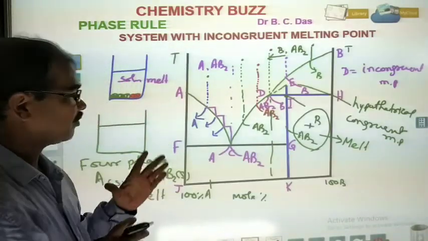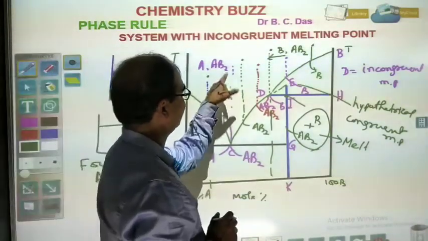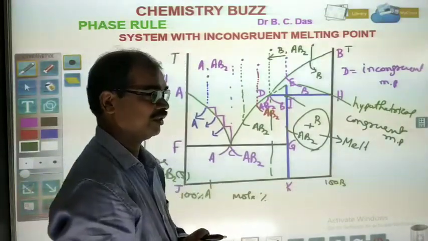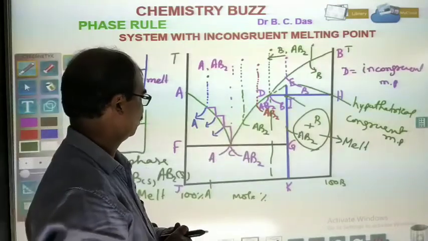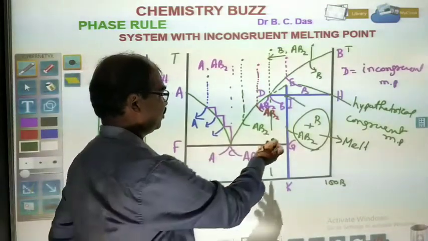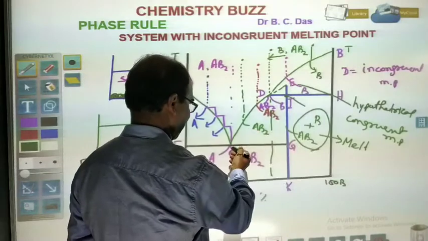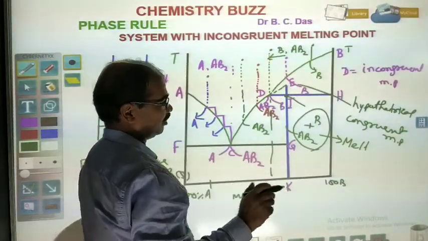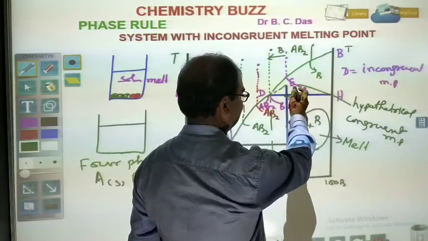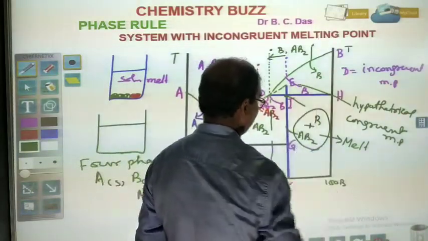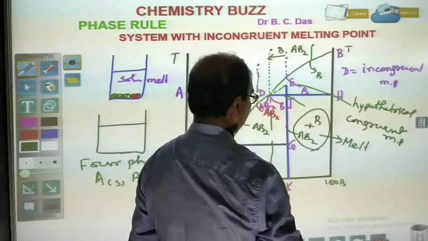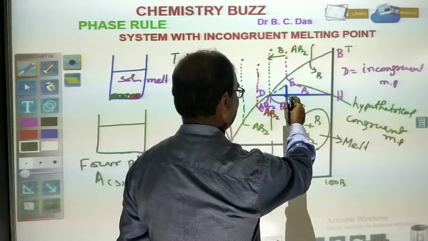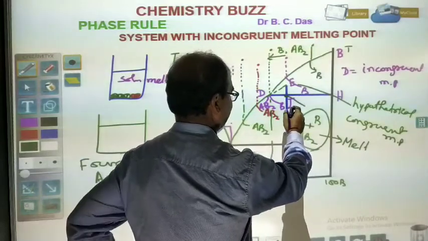The solution is one phase. When it is one phase, the degree of freedom is 2, and we have some invariant points, B and C. You have also learned E, the hypothetical congruent melting point, and I, the other hypothetical eutectic point.